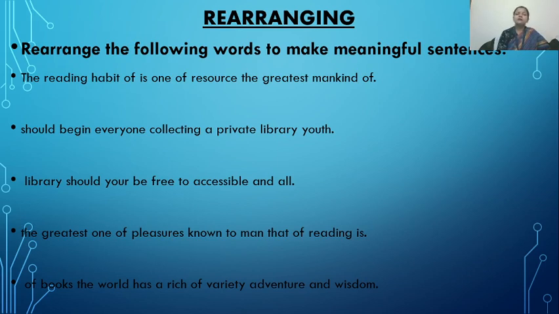What could it be, children? It could be: the habit of reading is one of the greatest resources of mankind.